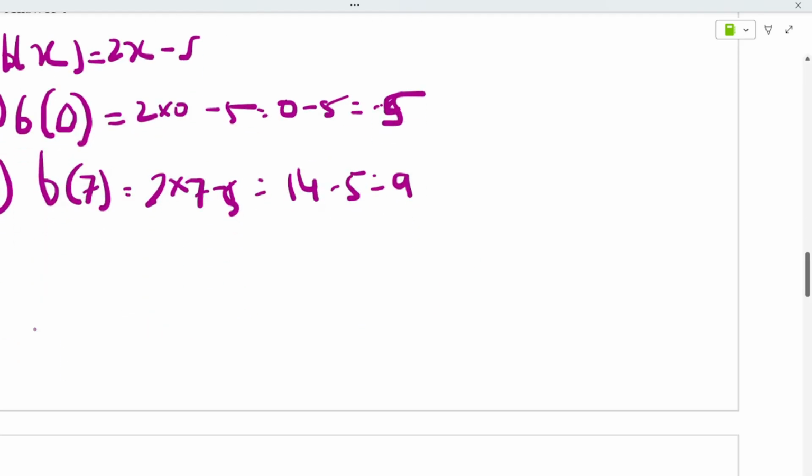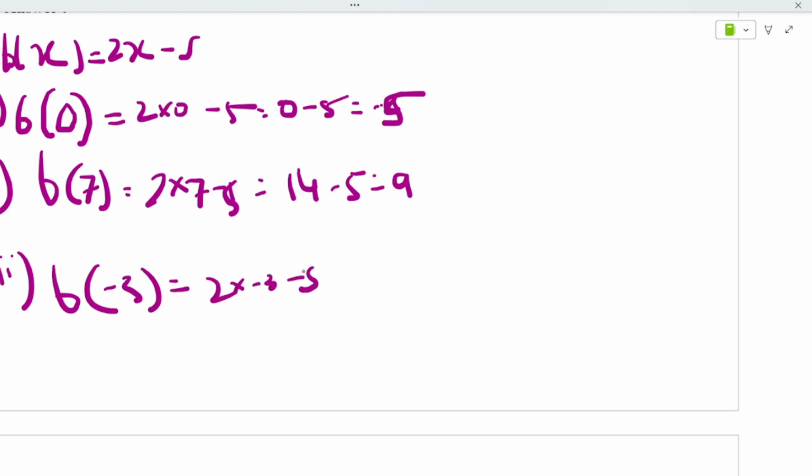Now in the next question, they have said to substitute minus 3. F of minus 3 is 2 into minus 3 minus 5. Be careful while doing this. See, 2 into minus 3 will give you what? I hope you know this.